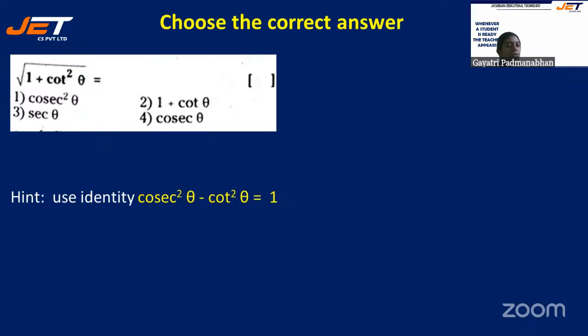What is root of 1 plus cot square theta? So cosecant square theta minus cot square theta is 1. Okay, so let's try doing it.